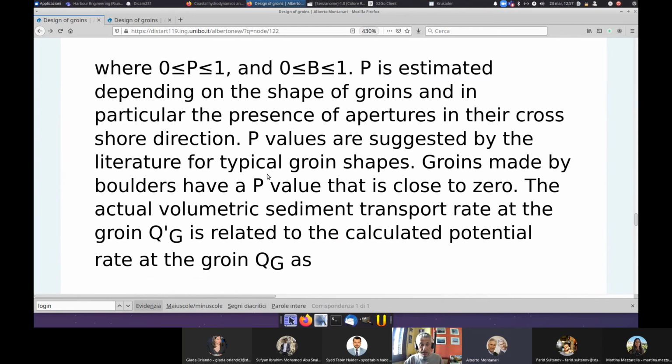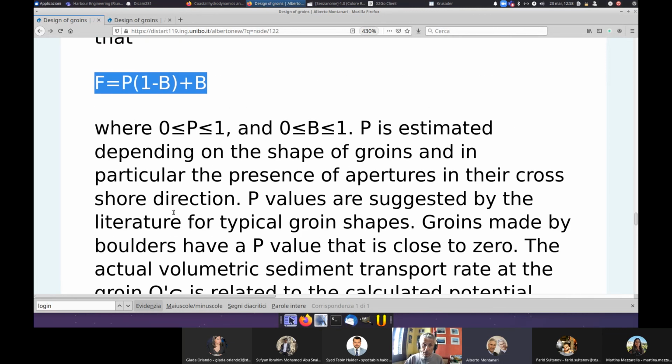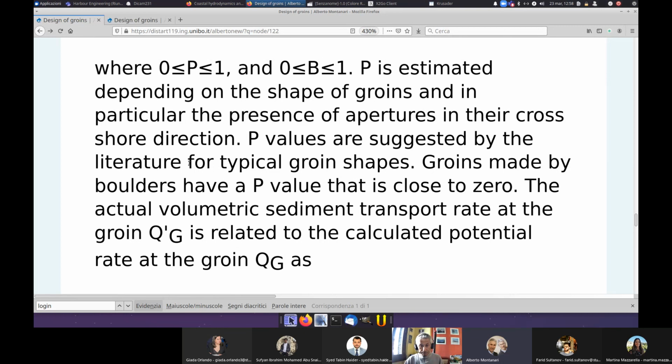And you may estimate the permeability if you have a regular geometry with windows or apertures. You can estimate the ratio between the area of the apertures and the total area of the groin. So the larger the windows, the larger the permeability. So this P is something that you may estimate by looking at the geometry of the groin.